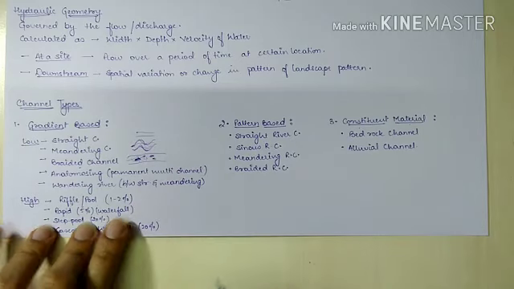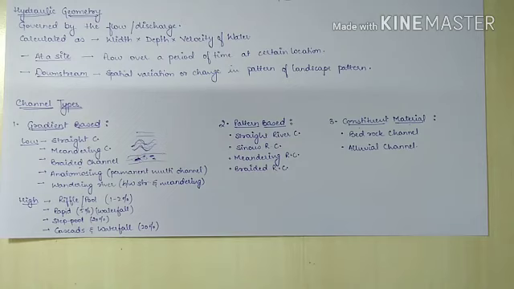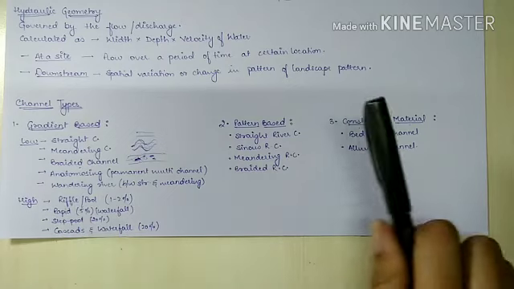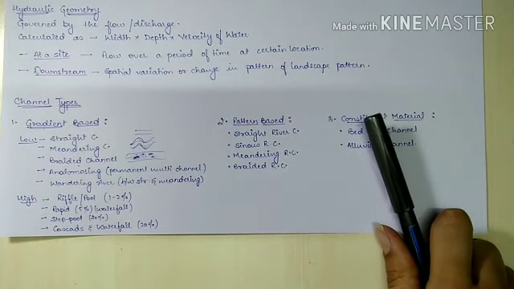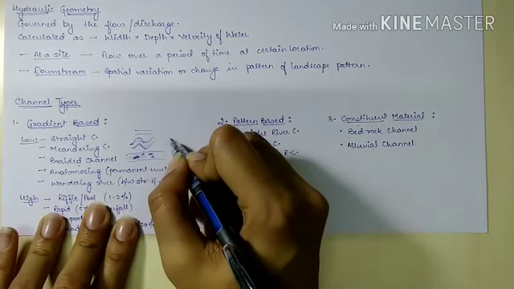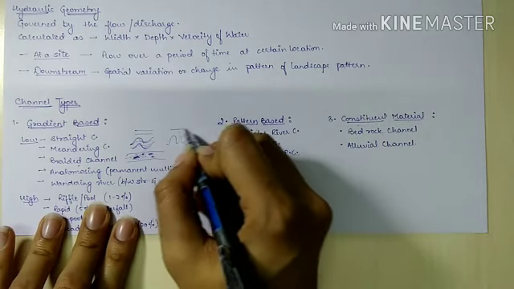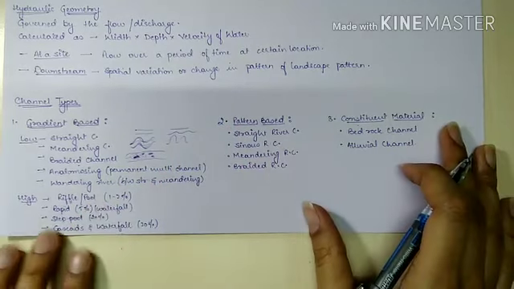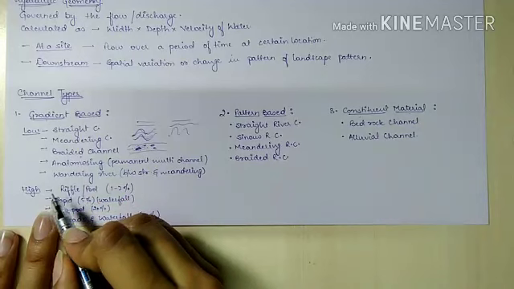So this is permanent multi-channeling of the channel. And next is wandering river. Wandering river is basically a structure between straight channel and meandering channel. So meander is this type of path and straight is this type of path, then the wandering one will be this type of path. Okay.